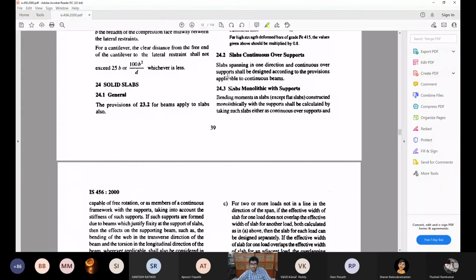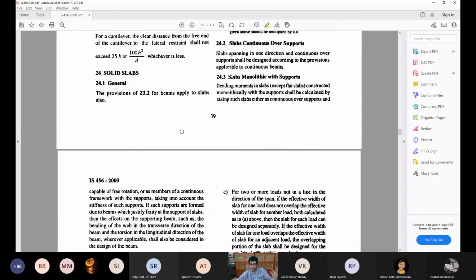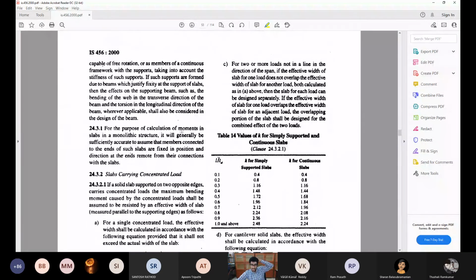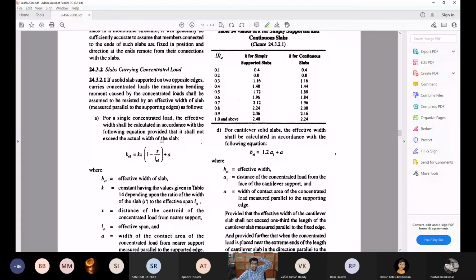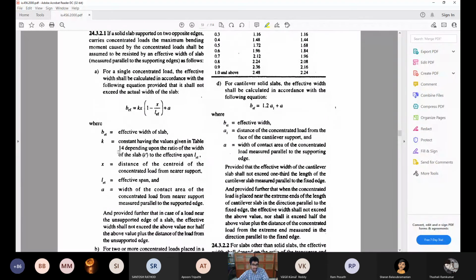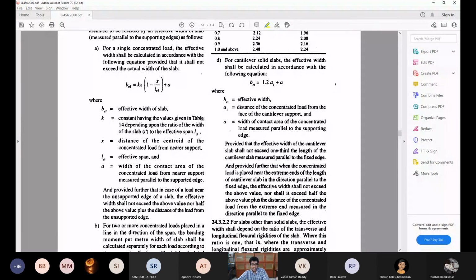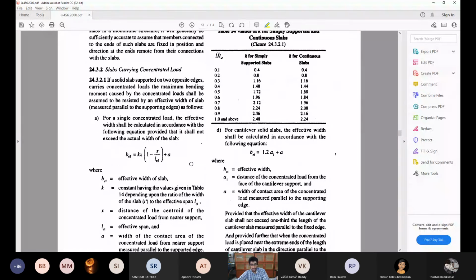A slab spanning in one direction continuous over the support shall be designed according to the provisions applicable to continuous beams. If it's a simply supported slab, just like a simply supported beam. And for a concentrated load, you cannot use 1 meter effective width. You have to use this formula that I showed you already. And this K, X, L, E, F, all these things are listed over here. K is a constant having the values given in the table, depending on the ratio of the width of the slab to the effective span.